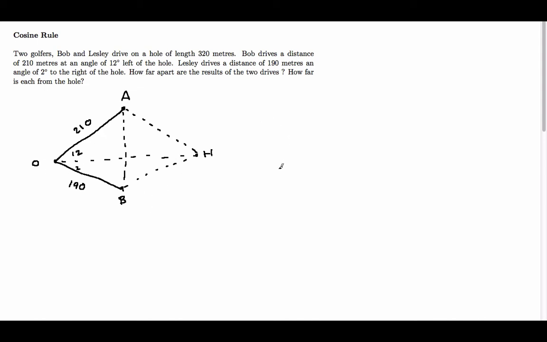So let's redraw this triangle. We have O, A, and B. The angle O is 14 degrees, which comes from 12 plus 2.